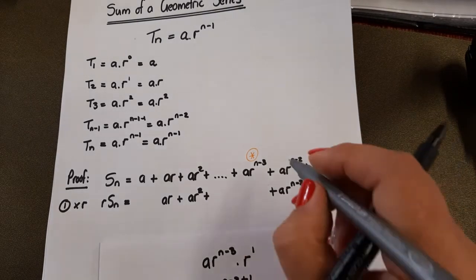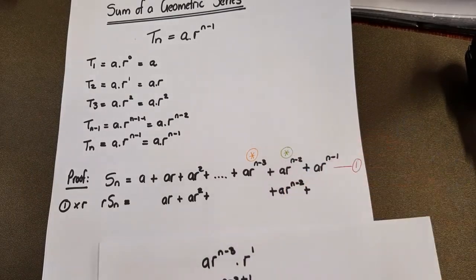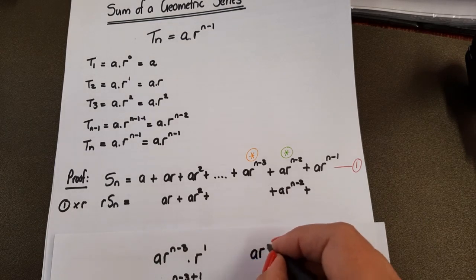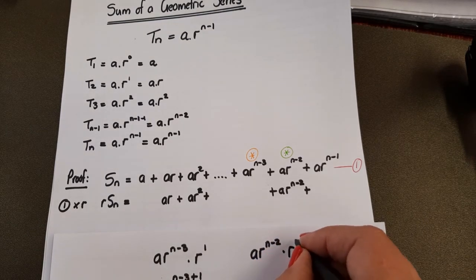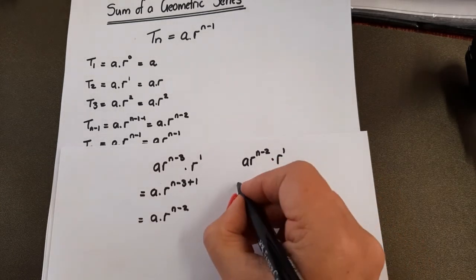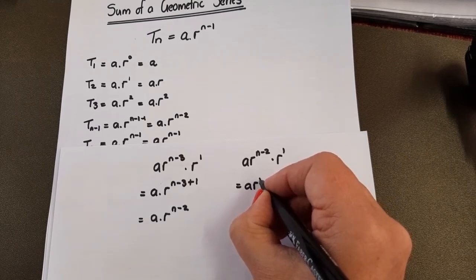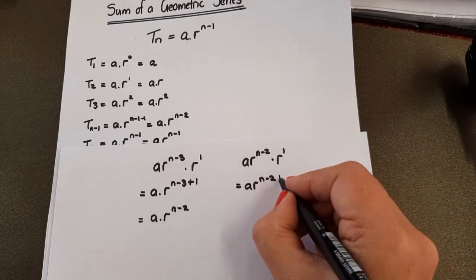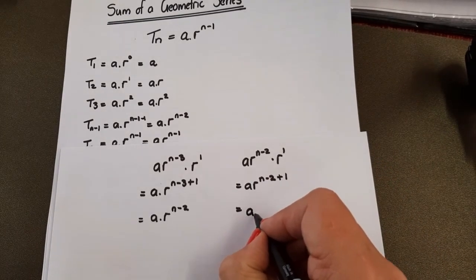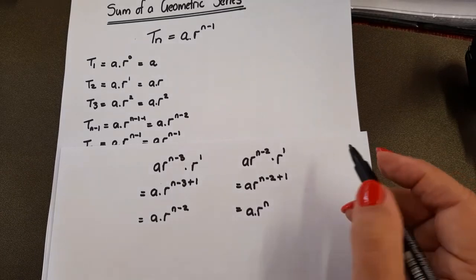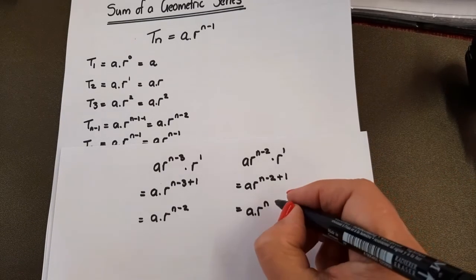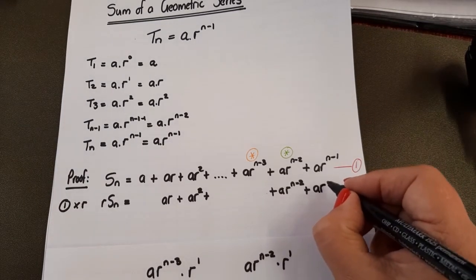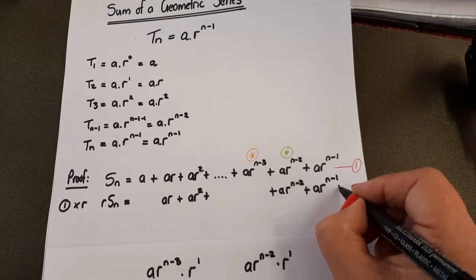Now I'm going to take this term and multiply that one with r. ar to the power of n minus 2 times r. Because the r has the same base, we add the exponents. And we have ar to the power of n minus 2 plus 1 gives me n minus 1. ar to the power of n minus 1.